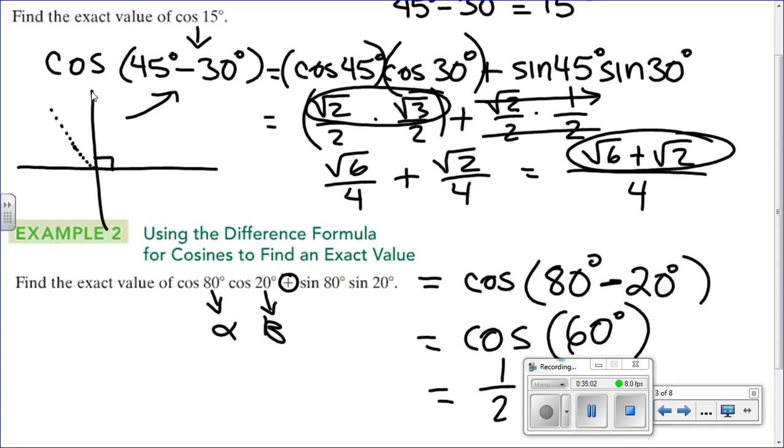Like 90 plus 10 is 100, plus 5 is 105. So it will be here. Don't talk. This is very important. It just occurred to me. So what will be the reference angle here? 75.